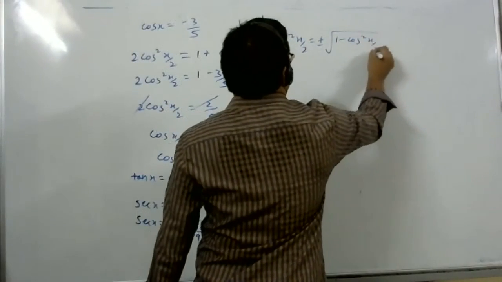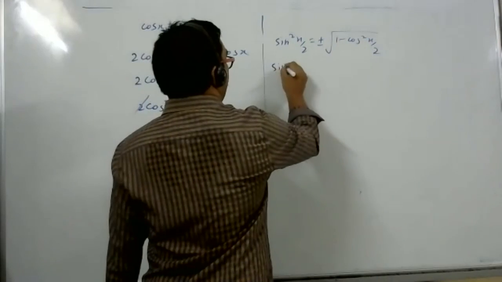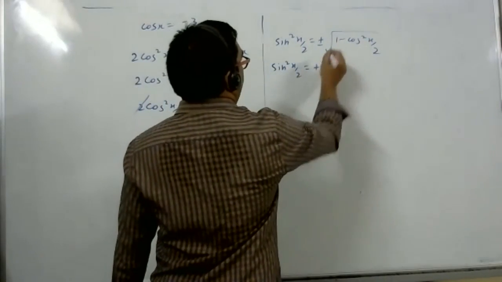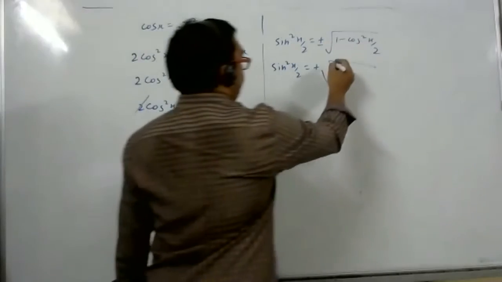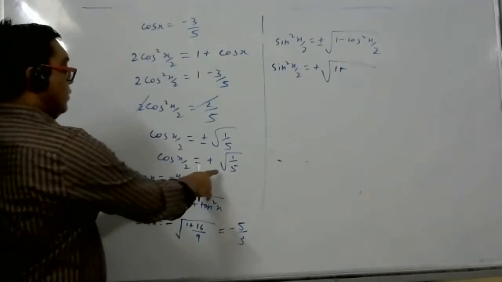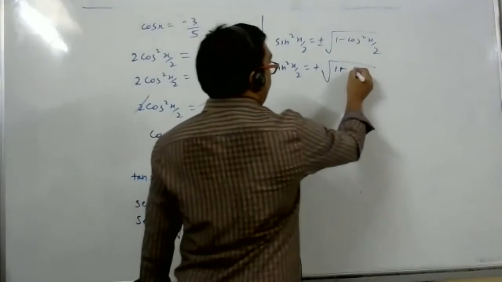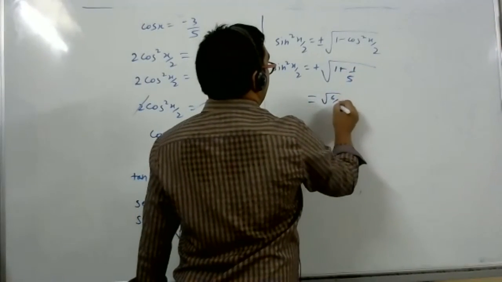This only you are saying. Yes, sir. Now sine x by 2 as a whole, we know it is positive, so no need of minus. So tell me, 1 minus cos square x by 2, how much? 1 plus 1 by 5. So how much? It is 6 by 5. Root of 6 by 5.